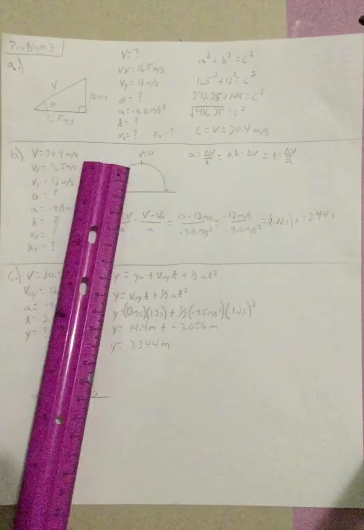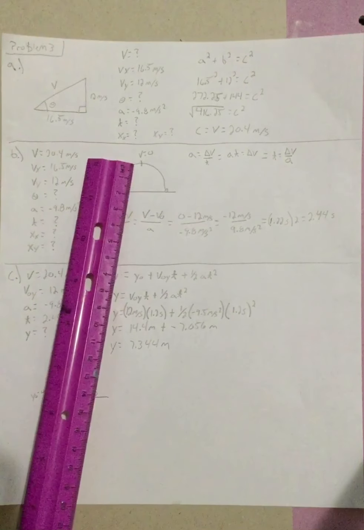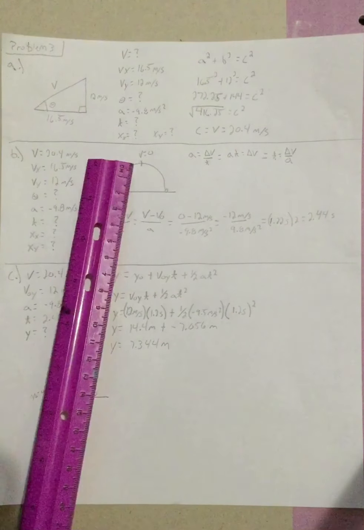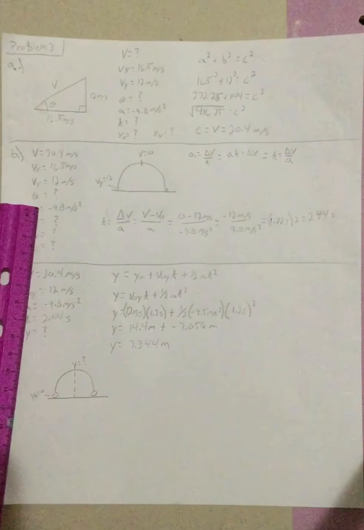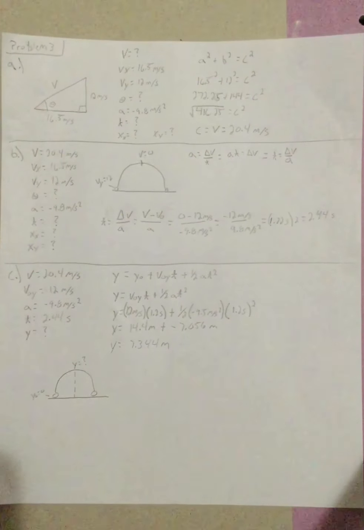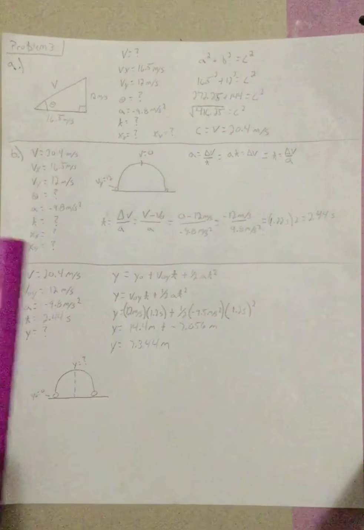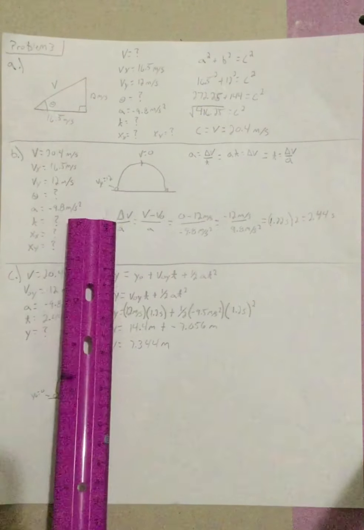We know that when a ball gets to its peak point, the velocity is 0, though the acceleration isn't 0. But we do know the acceleration, which is negative 9.8 meters per second squared, which is just gravity.